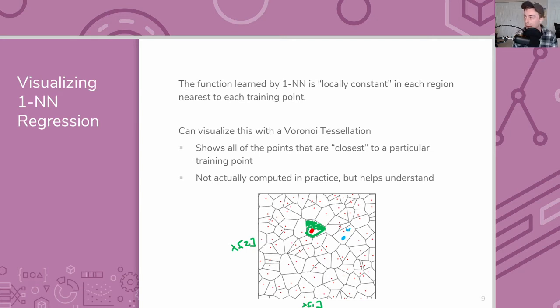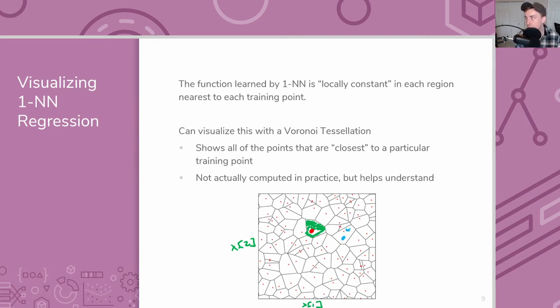Now, the reason I like to use this kind of visualization of a Voronoi tessellation is it helps us understand a key distinction that I've left out, which is how do you measure the distance between two houses? This actually comes back to a question we discussed on Monday, which is how do you define a similarity metric? Yes, you probably wanted to say something like, well, maybe if we're just using square footage as our feature, it's just the difference between square footage.